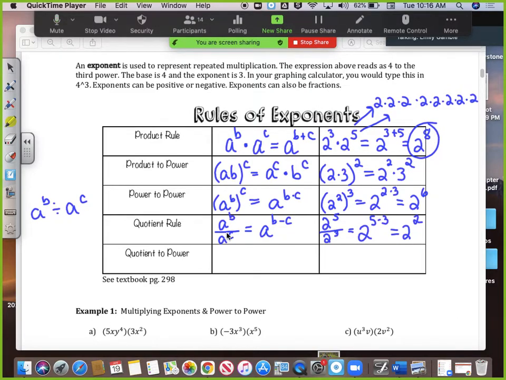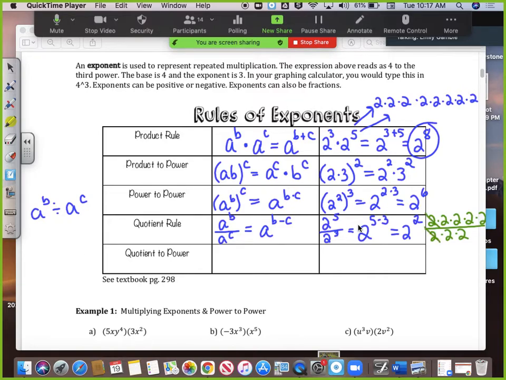For the quotient rule, it's the opposite of the product rule, because if you have the same thing, like 2 to the fifth power, that's the same thing as 2 times 2 times 2 times 2 times 2. That's 5 2's. And you're dividing it by 2 to the third power. That's 3 2's. What happens with division and fractions, whenever you have one number on the top and it's the same as the number on the bottom, they cancel out.